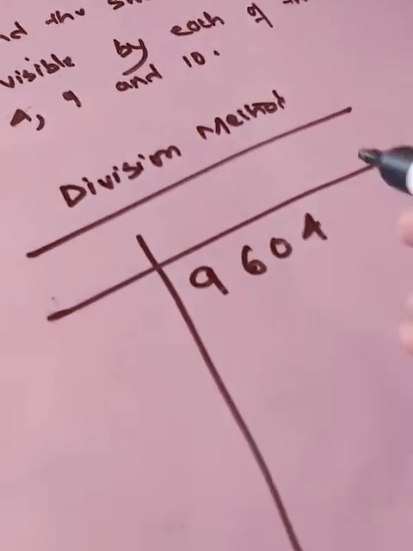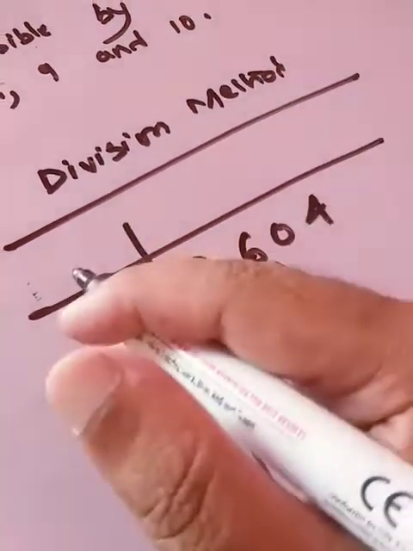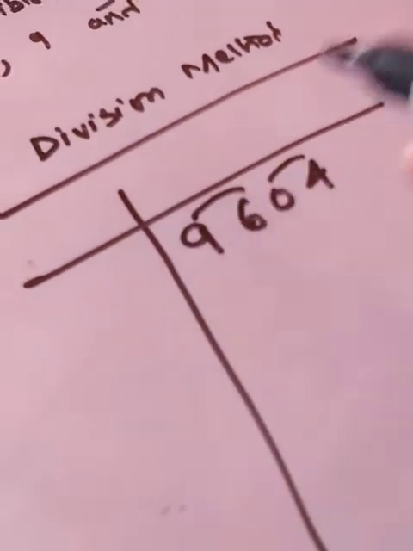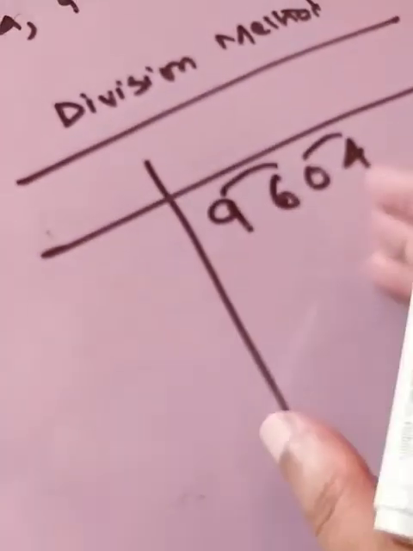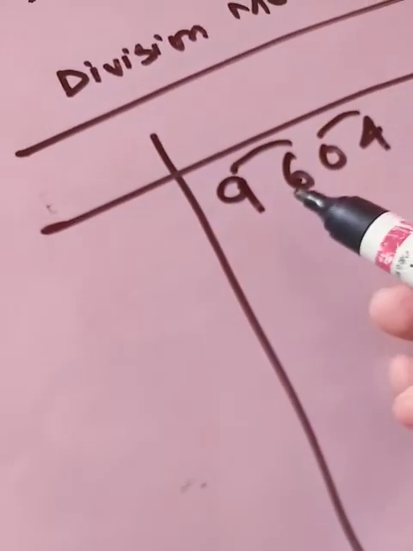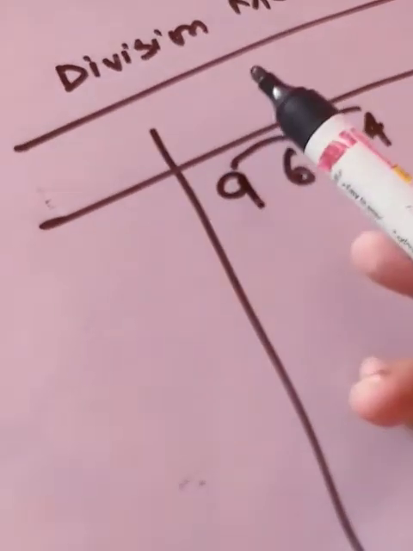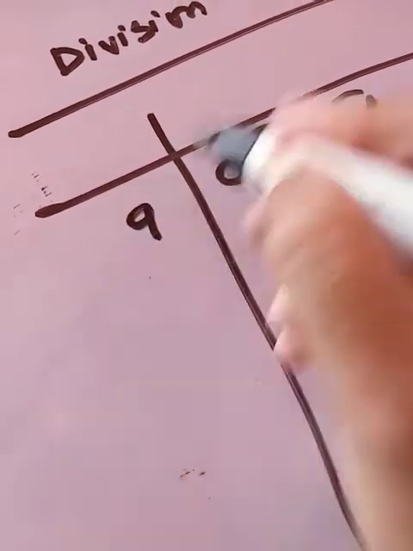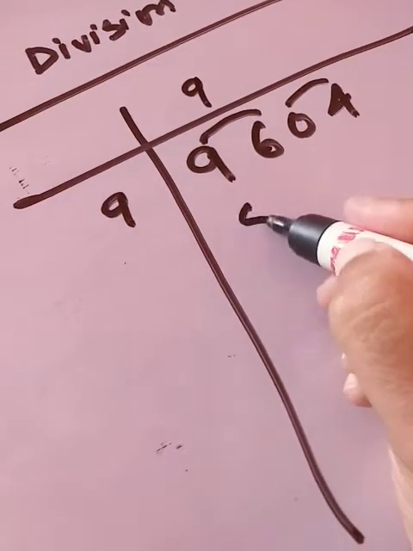Now you have to pair the digits from the right hand side. I hope you remember the table: 1 1s are 1, 2 2s are 4, 3 3s are 9. So what is the closest number that we can go to? 7 7s are 49, 8 8s are 64, 9 9s are 81. So 9 9s are 81.